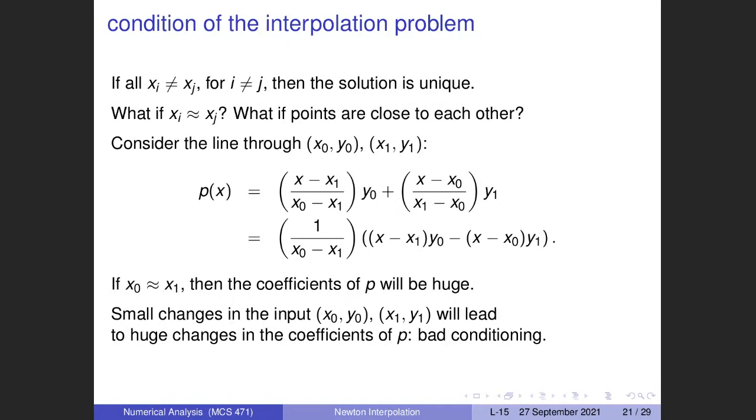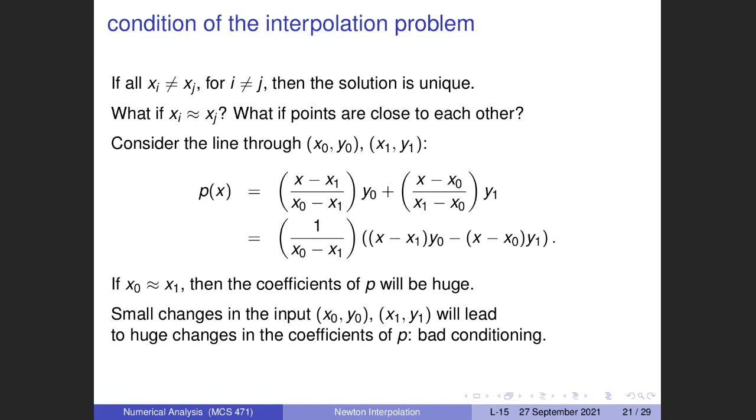In theory, as long as the points are different from each other, the solution is unique. Fine, but what if the points are close to each other? All the mutual differences cannot be 0, that's a mathematical condition for the uniqueness. Now it will break down when things are getting close to 0.